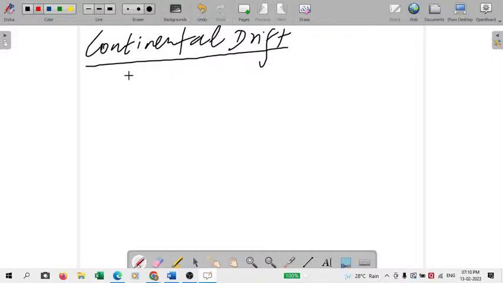One of the most fundamental activities on the surface of the earth has been crustal movement, and because of that mountains and plateaus have been formed. Volcanism has occurred. So we'll start with this continental drift theory.